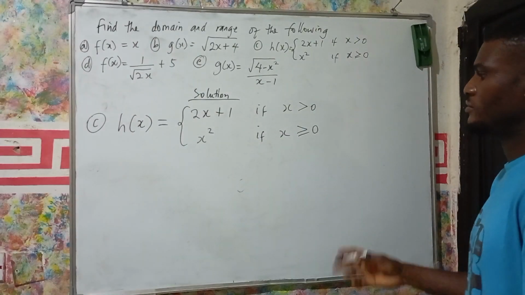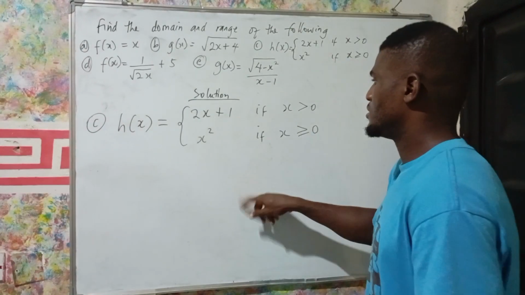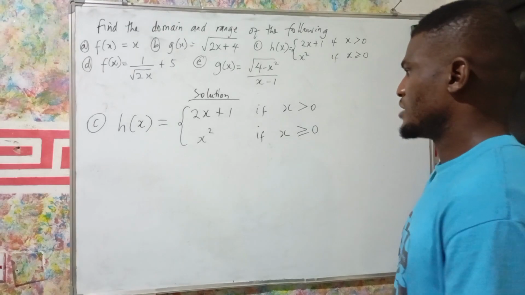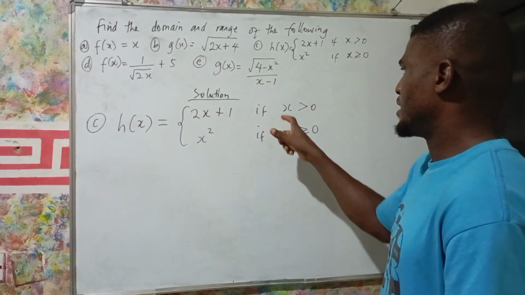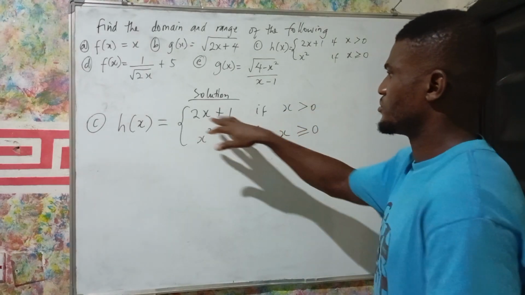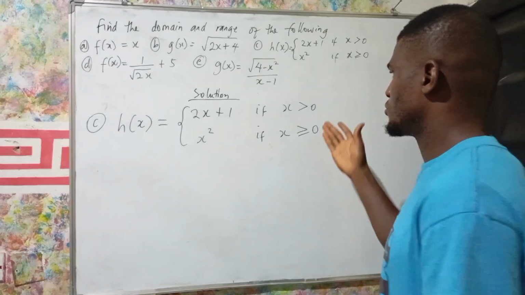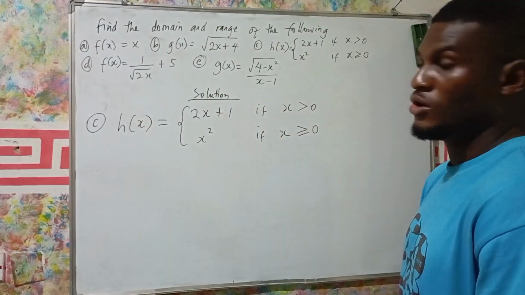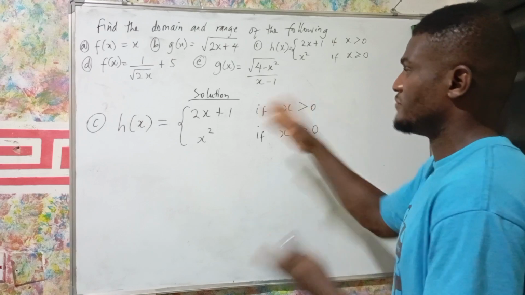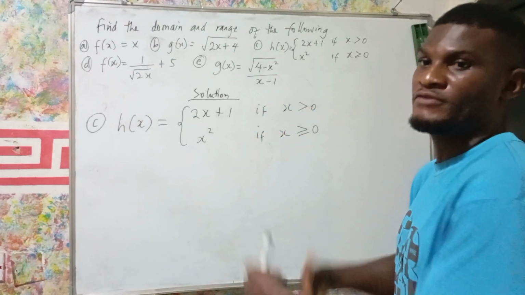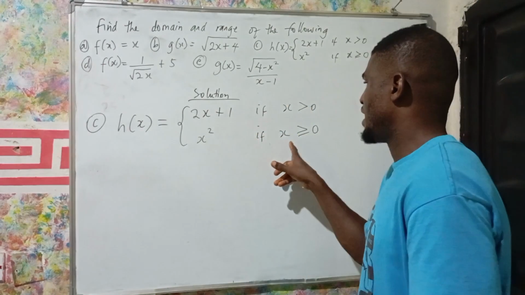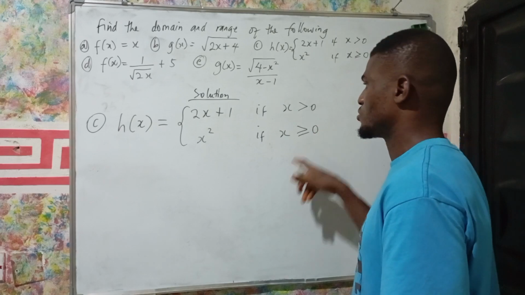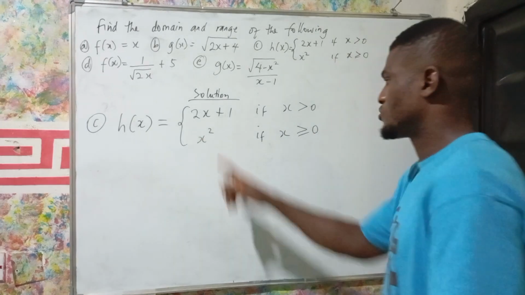Alright, so now we have this condition. Now there are two conditions here, that if x is greater than 0, just greater than 0, we have 2x plus 1. So you insert those values there to have the values. You insert the values, which is the domain, to have your ranges. And then if x is greater than and also equal to 0, we should use x squared.